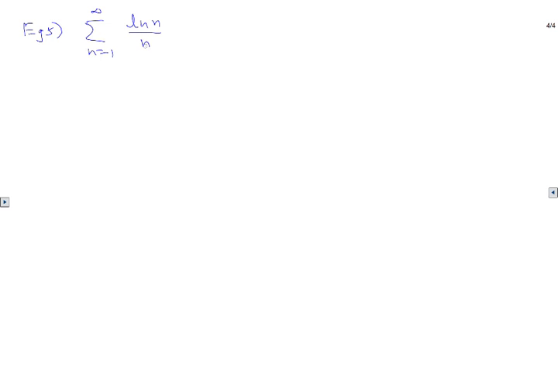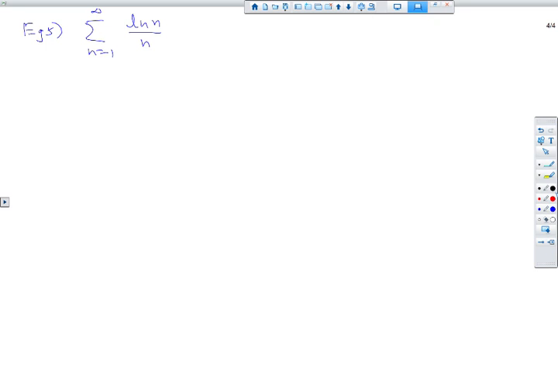If you look at this problem, there are two things we can think of. This is also easy to integrate, so another way to do this problem is the integral test. But what we're trying to do is see whether we can compare this with something easy.